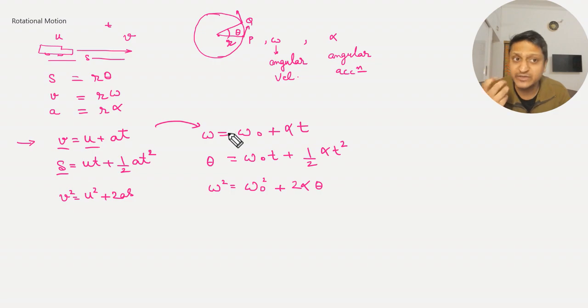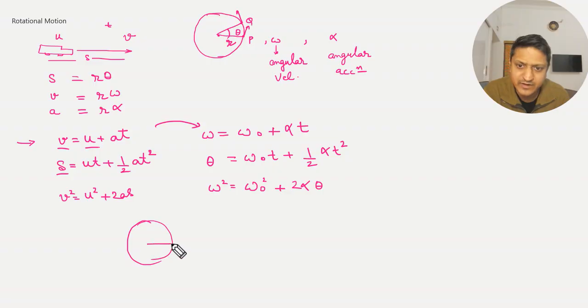But our topic is rotational motion. So what is the basic main difference between rotational motion and circular motion? In circular motion we have just one particle here. We are saying that this is a string and this particle is moving like this.